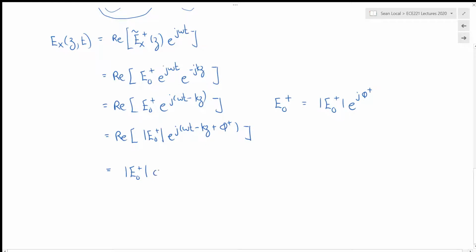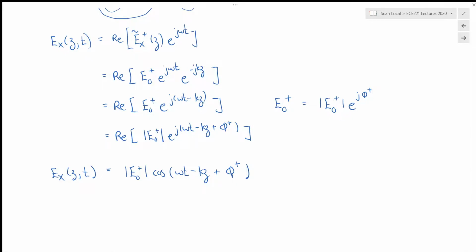So the real part that remains is cos omega t minus kz plus phi plus. So this is how our actual electric field component, Ex, varies with both z, which is our spatial variable, and time.